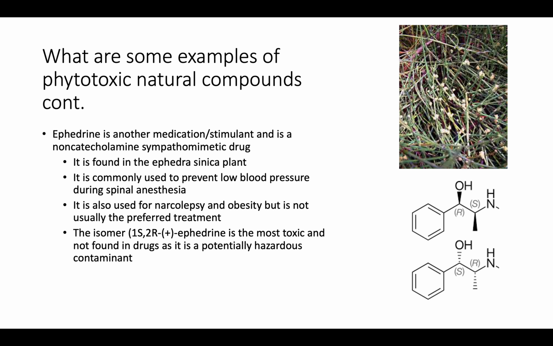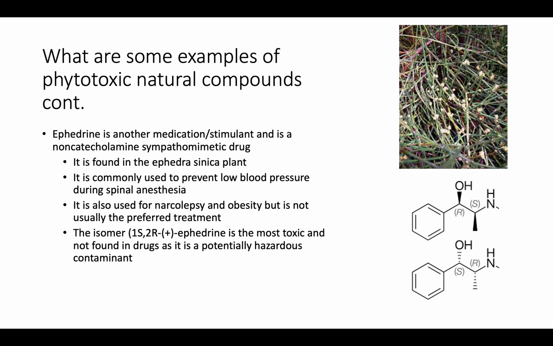Another example is ephedrine, which is a medication and stimulant and is a non-catecholamine sympathomimetic drug. It is found in the Ephedra sinica plant and is commonly used to prevent low blood pressure during spinal anesthesia. It is also used for narcolepsy and obesity, but is not usually the preferred treatment, as there are better and safer treatments out there, and is mostly used when there are allergies to the other medications and there are no other options.